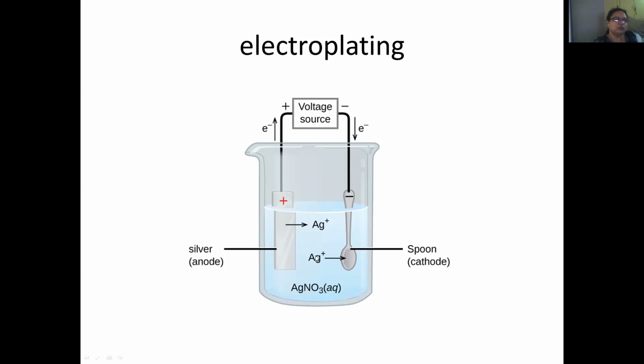So silver ions move towards the respective electrode. As we make this negative, that is the cathode, Ag plus moves towards this and forms a coating on this spoon. So this is the main process of electroplating.